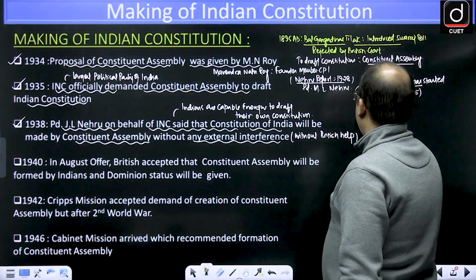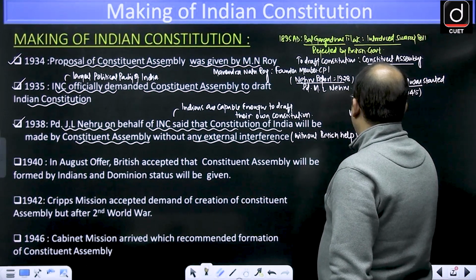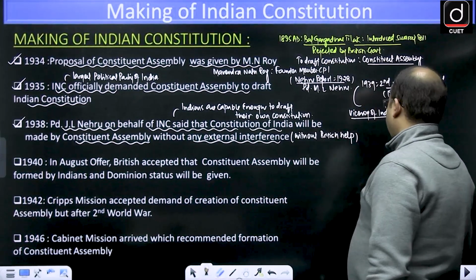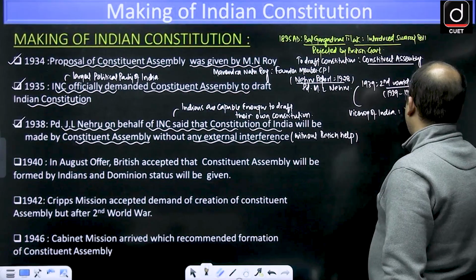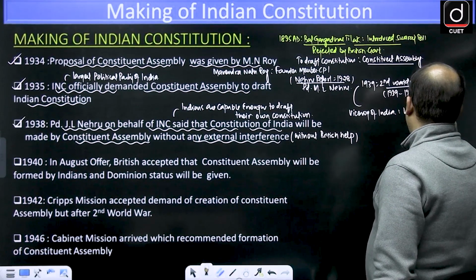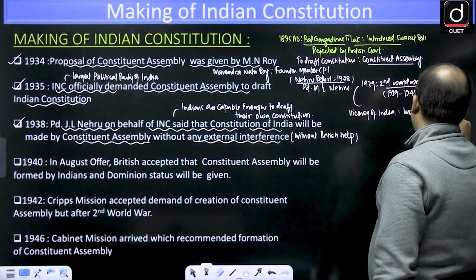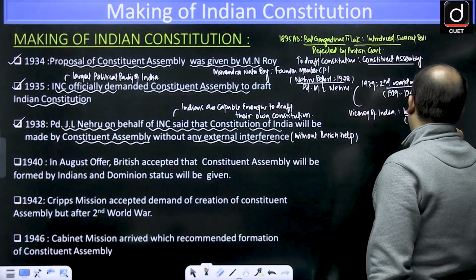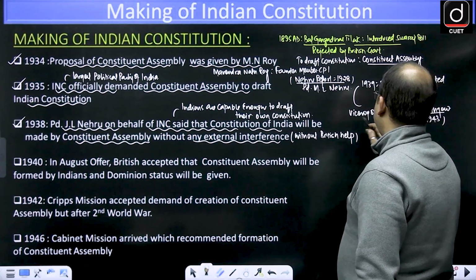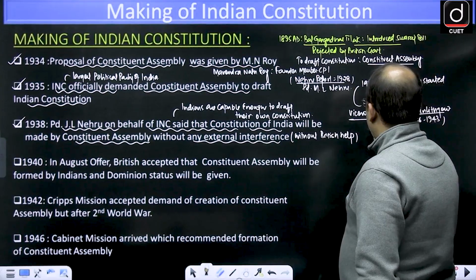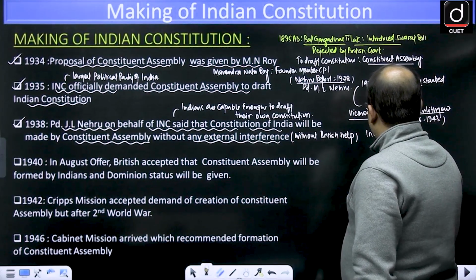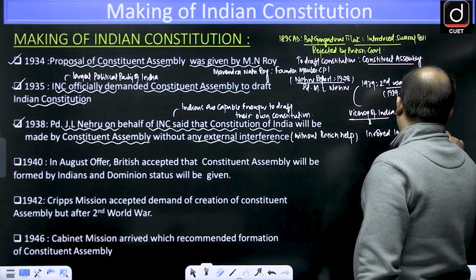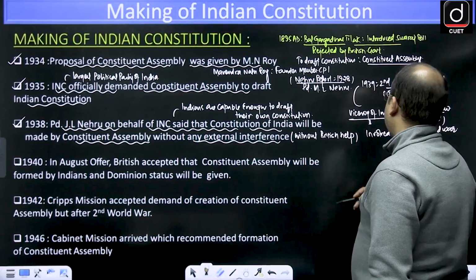In the Second World War, the Viceroy of India, Lord Linlithgow, who was the Viceroy from 1936 till 1943, involved India in the Second World War.